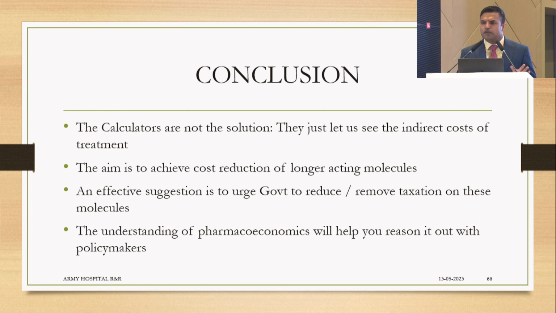But these calculators are not the solution. The solution is to achieve cost reduction by using longer acting and more durable molecules. And we have to suggest to the government to reduce the pricing. The pricing is reduced by reducing the tax. And how we are going to convince the government in doing so is by showing this kind of evidence.